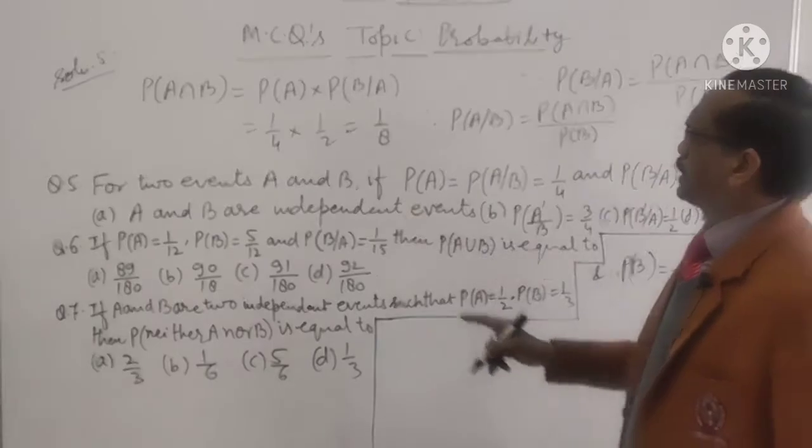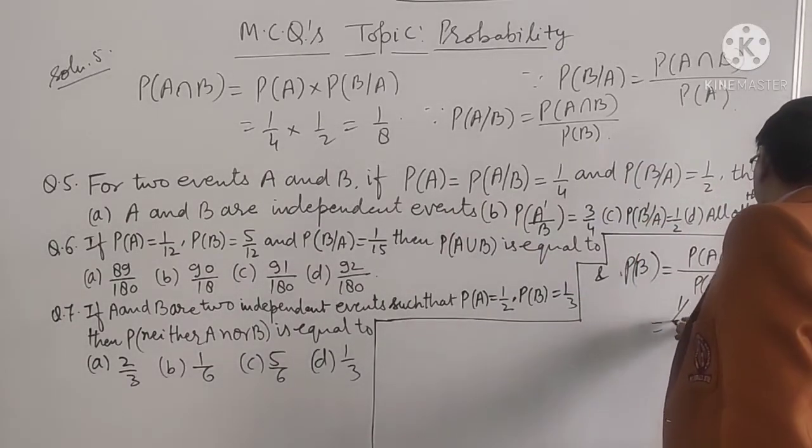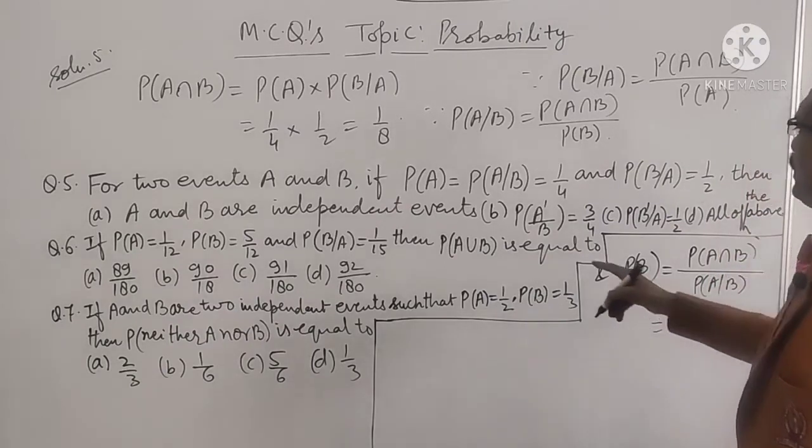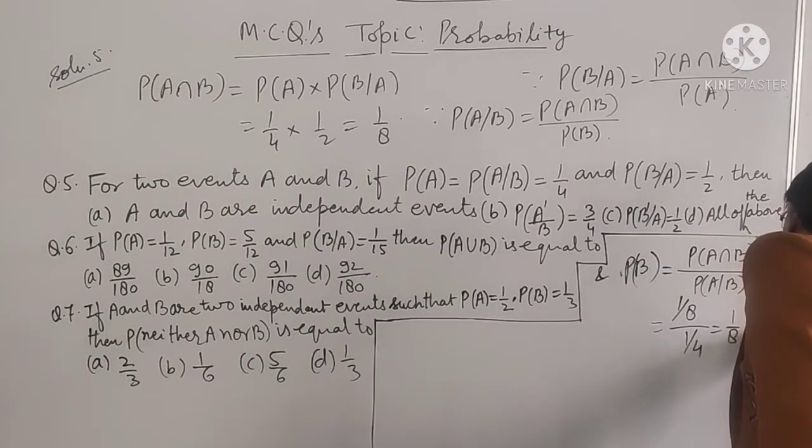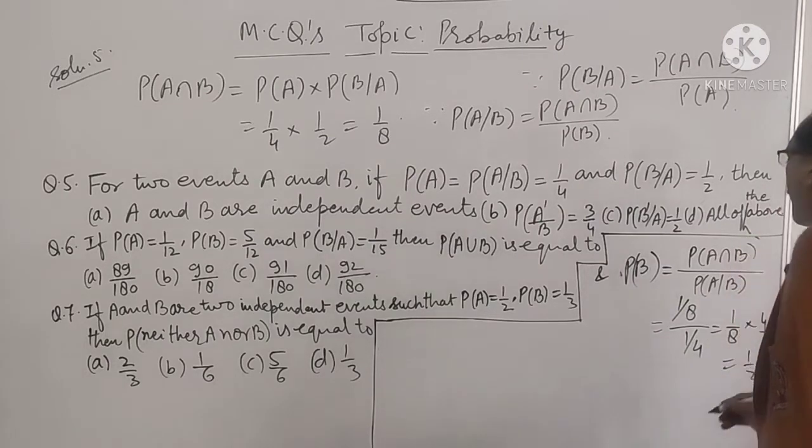P(A intersection B) is 1 by 8, P(A|B) is 1 by 4. So it is 1 by 8 into 4 by 1 is 1 by 2.